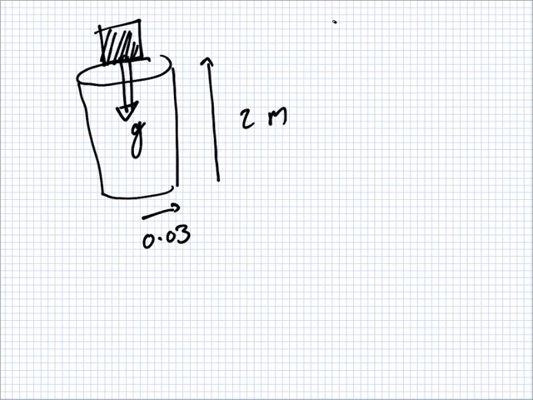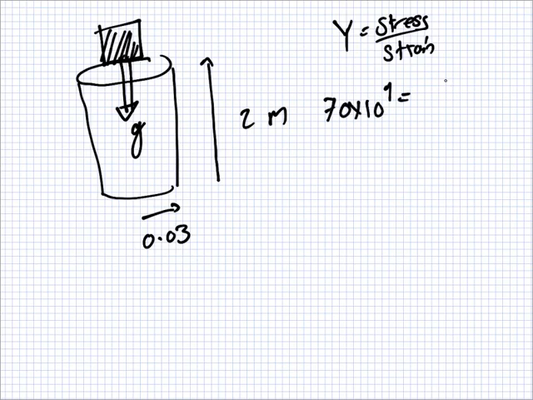Right, so Young's modulus is stress over strain. So what's Young's modulus for glass? 70 times 10 to the power 9. Stress is force over area, which is pi r squared, over strain, which is extension over original length.